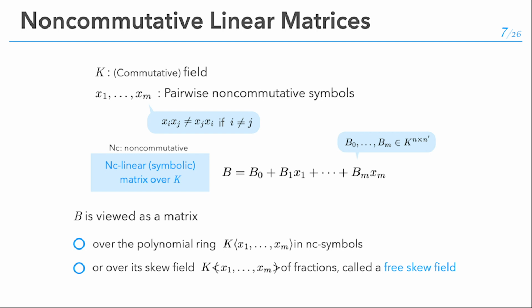The NC linear matrix, non-commutative linear matrix over a field K, is a matrix B in this form, where B0 to Bm are matrices over K. The matrix B here is viewed as a matrix over the polynomial ring K bracket x1 to xm in non-commutative symbols.